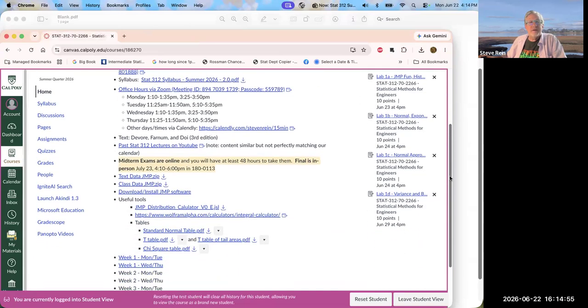The dates, I've forgotten exactly what they are, but the final is on campus, July 23rd, 4 to 6. And there's always one or two people who say, but hold on, I'm living in Argentina, or 2 years ago it was Kazakhstan or something.